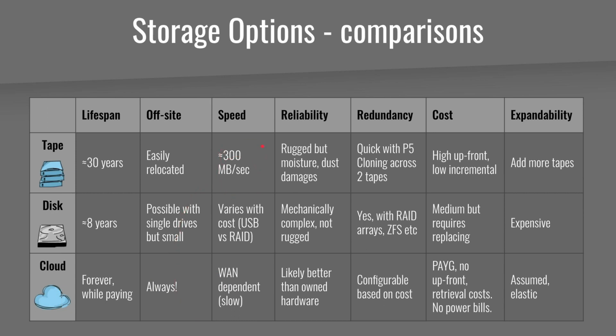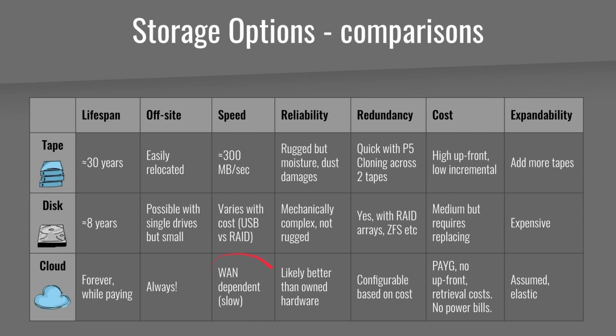Tape speed, as I said earlier, current Gen 8 is 300 megabytes per second write speed. So that's pretty good. It's faster than a single hard drive, I think, but not as fast as an SSD or an array. When it comes to disks, it varies a lot with the cost. USB, slow, RAID maybe fast, SSDs in a RAID really fast.